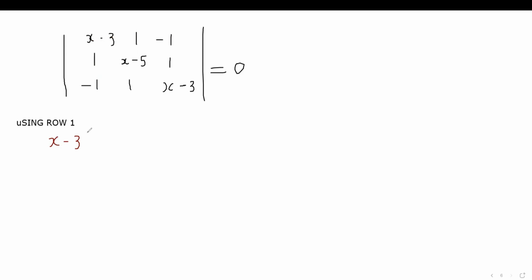That would leave us with x minus 5, 1, 1, and x minus 3. Then, remember your cofactor signs, it's minus this element right here, 1, times the determinant when we cross out 1's row and column, leaving 1, 1, minus 1, and x minus 3.